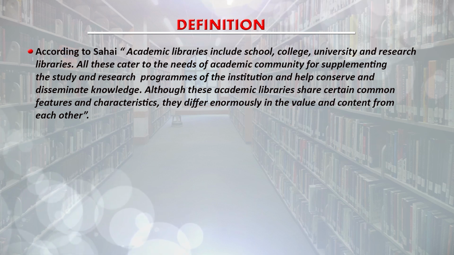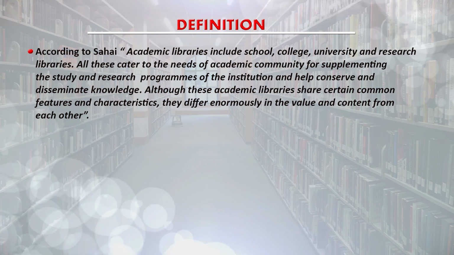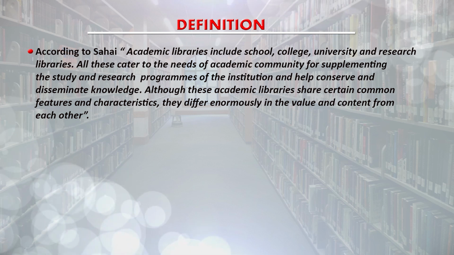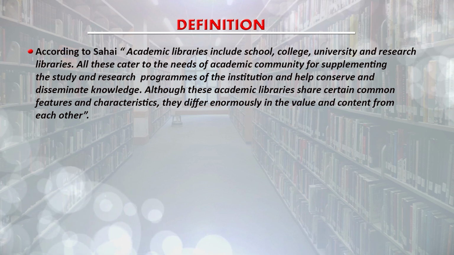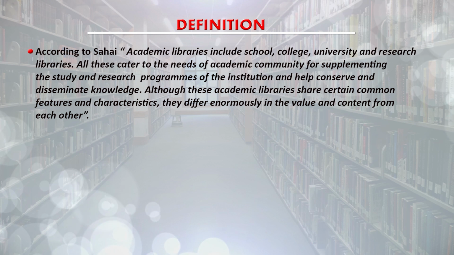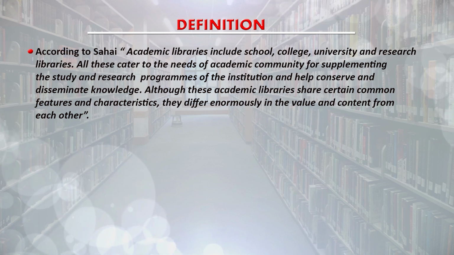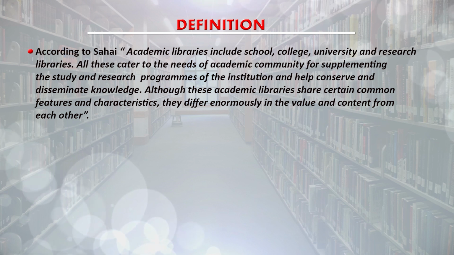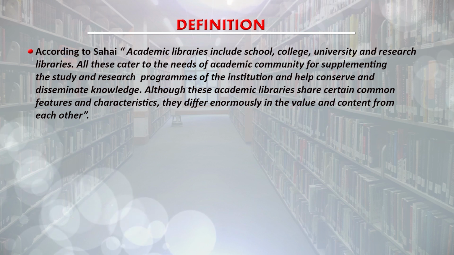All these cater to the needs of the academic community for supplementing the study and research program of the institution, and help conserve and disseminate knowledge. Although these academic libraries share certain common features and characteristics, they differ enormously in value and content from each other.